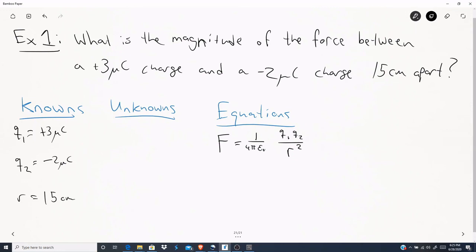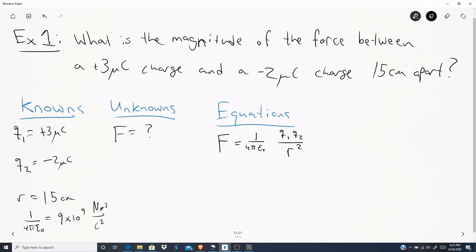My unknowns, well, I really only have one, and that's the force. That is not known. I also do know that 1 over 4 pi epsilon 0 is approximately 9 times 10 to the 9th newton meter squared per coulomb squared.